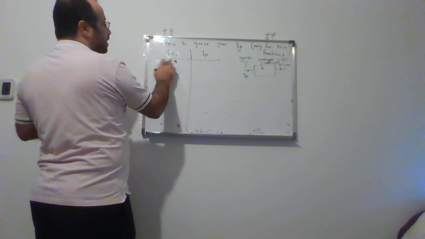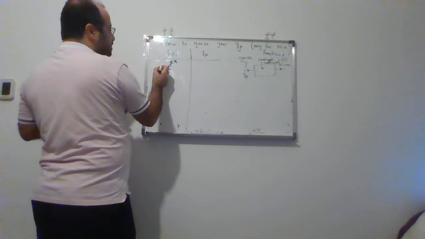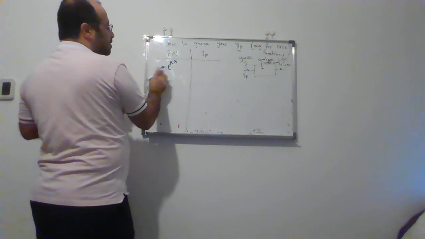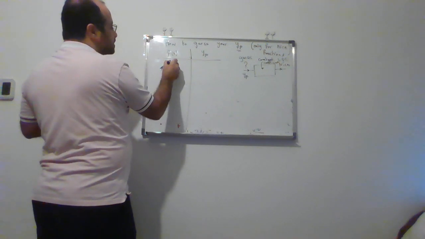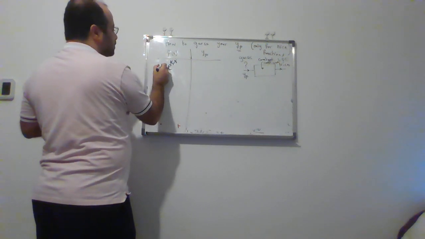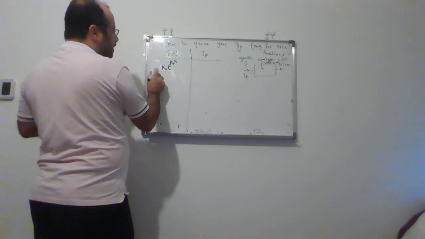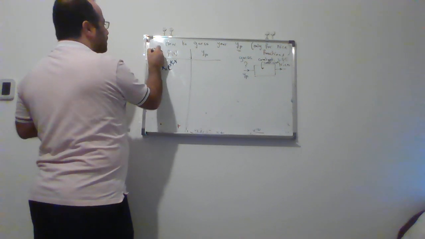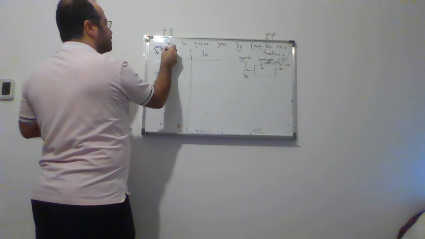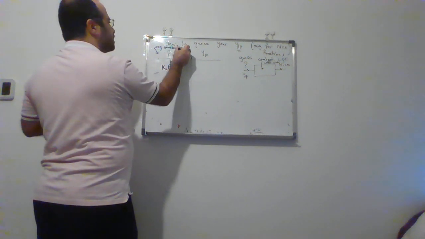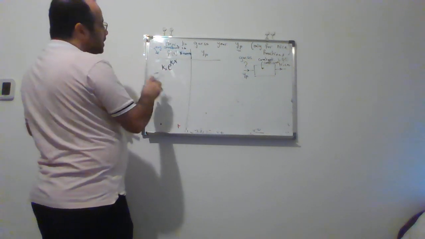So you have k times x, and say I have a number here, k1 for example, and here k2. And k1 and k2 are known. Any constant here is known.